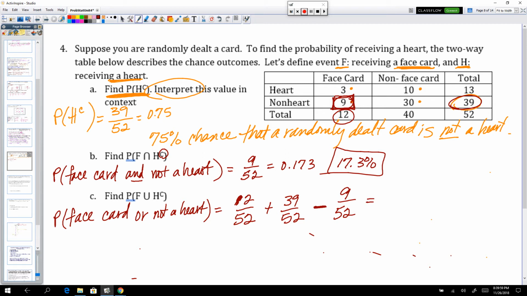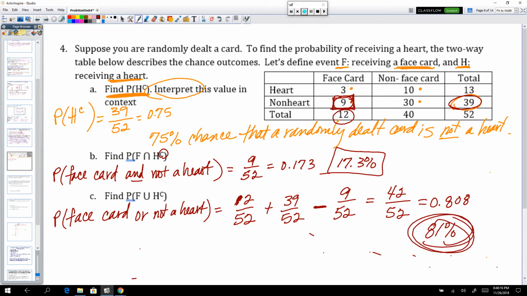So that comes out to be, we all have a common denominator, right? So we just have to take care of the numerators. That comes out to be 42 out of 52. Or 0.808. Or an 81% chance of randomly being dealt a face card or a card that's not a heart.